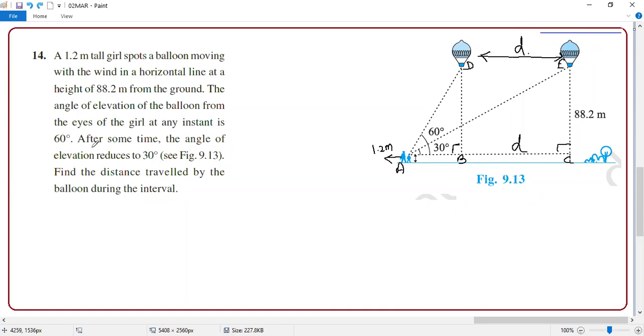But please remember, you have to reduce this 1.2. The reason is that this triangle is forming from here only, not from the ground. So the moment you reduce 1.2 from there, this will become what? Anyone can tell me? It is 87. Correct or not? Yes, sir. Correct. This also will become 87.